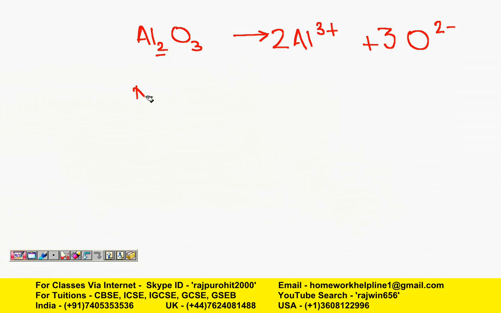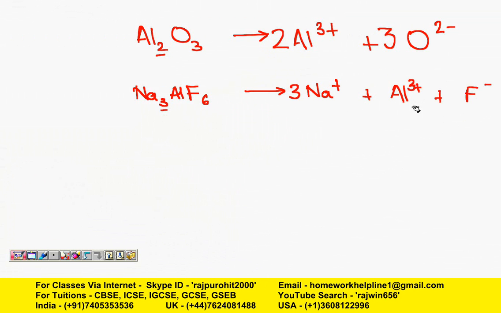The other substance is Na3AlF6, that is cryolite. It will split into sodium ions, aluminium ions, and fluoride ions. The balancing is simple. You can see 3 sodium are there, so 3 Na+, there is only 1 Al, and there will be 6 fluoride.